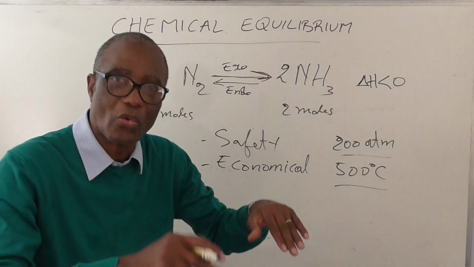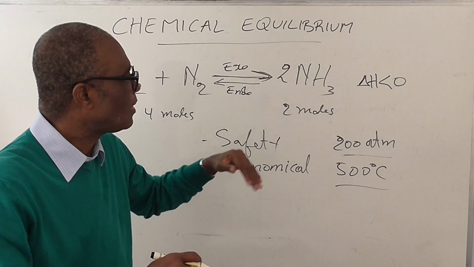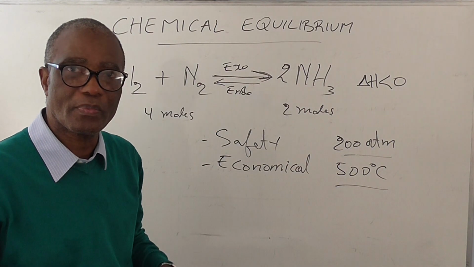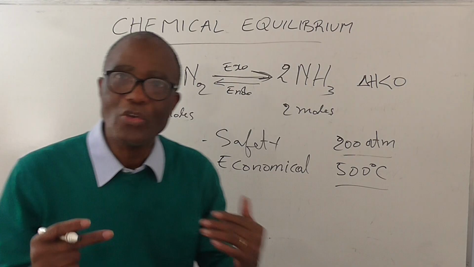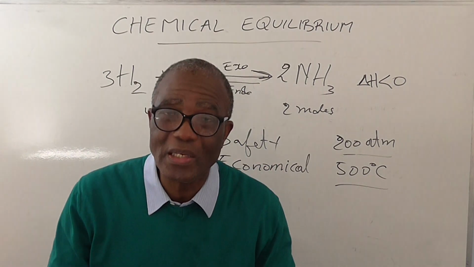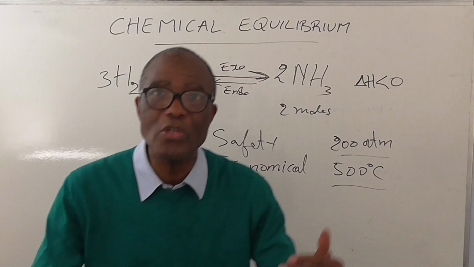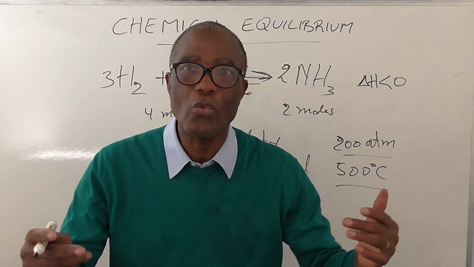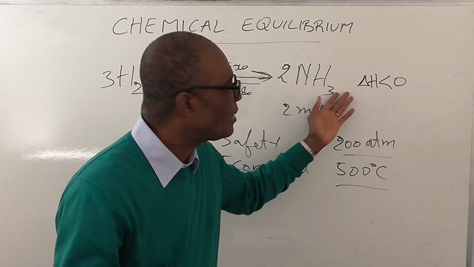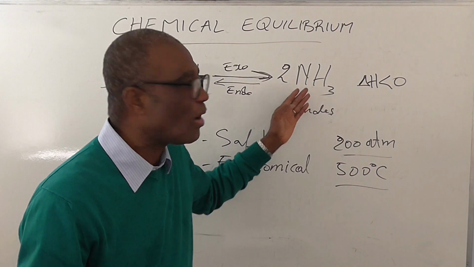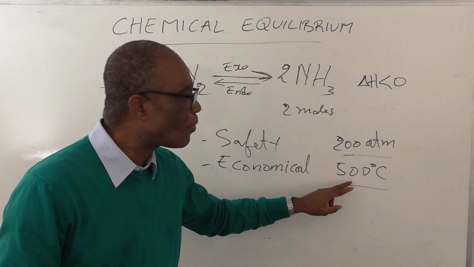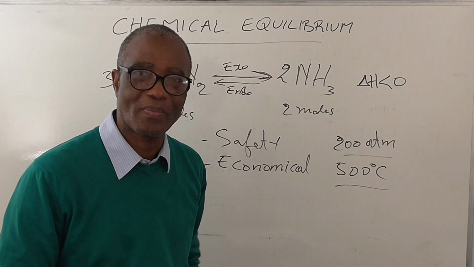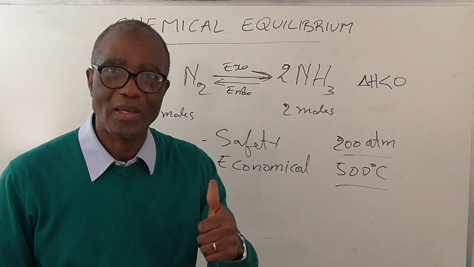So we need to lower it. If we lower it, then we're going to have more ammonia. But another problem, if you lower the temperature, the reaction will be slow. And your customers are waiting for the order, waiting for ammonia. That's why the compromised temperature is 500 degrees. We finish there. Thank you.